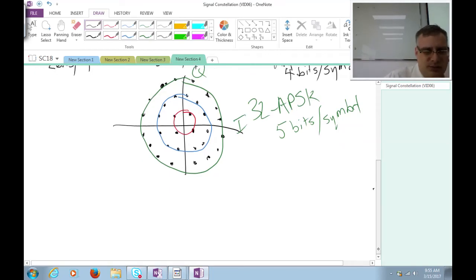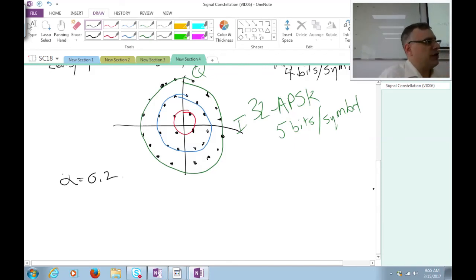Let me give you a problem to look at while the music is going. The symbol that's being transmitted here has a roll-off factor of 0.2.